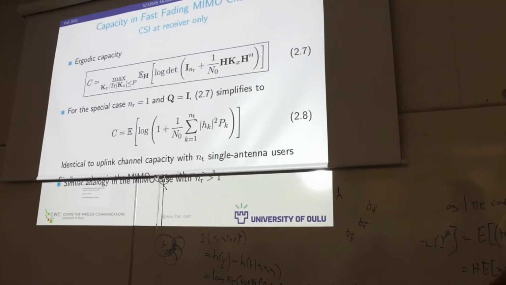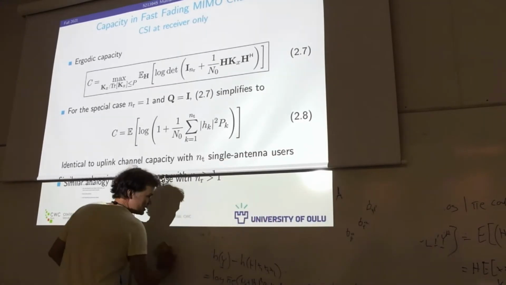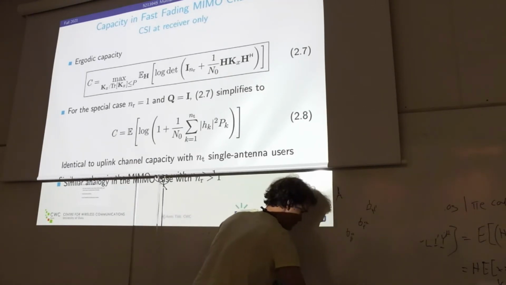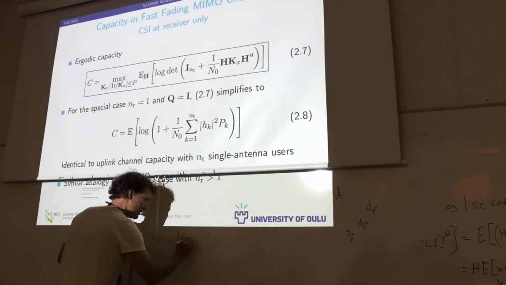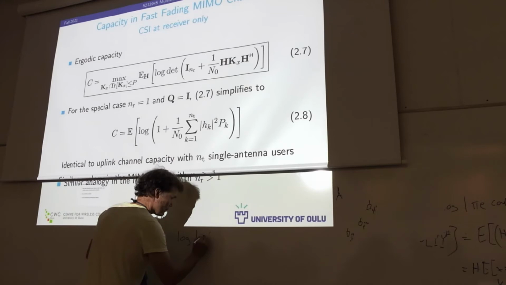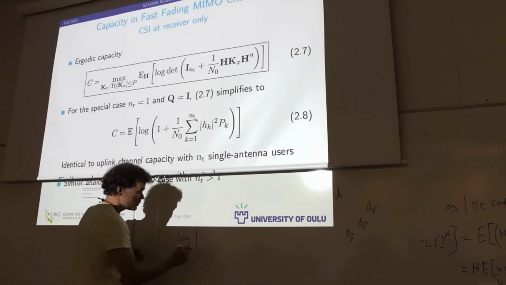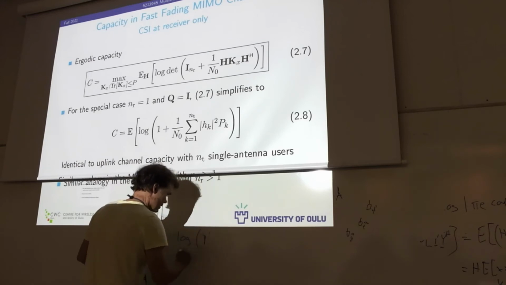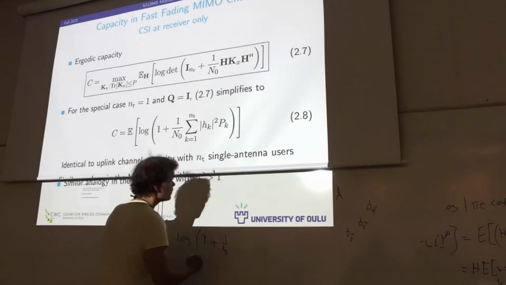Just to show that, you can of course come up with the same result directly. If we start with this expression, let's consider one channel realization. We have the log capacity expression. So N_R becomes 1, and let's replace this with 1 plus 1 over N0.